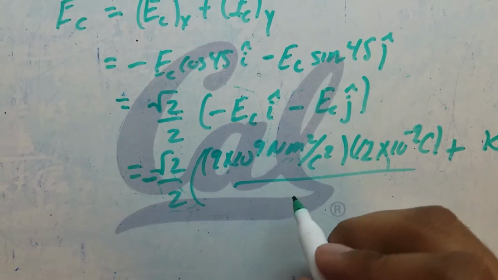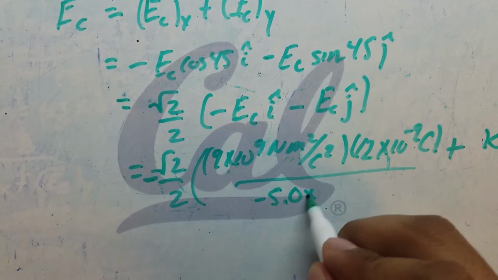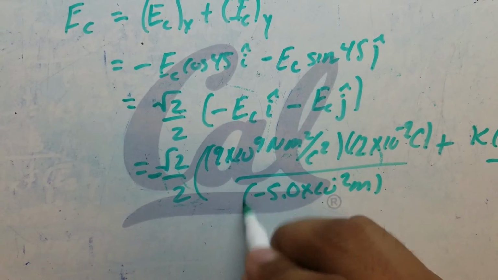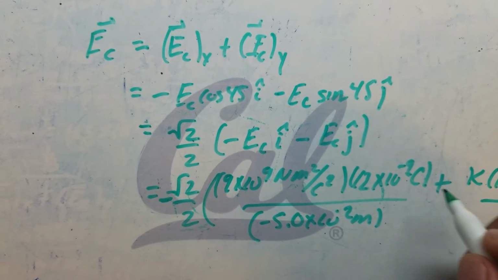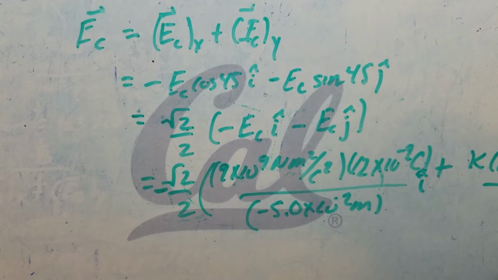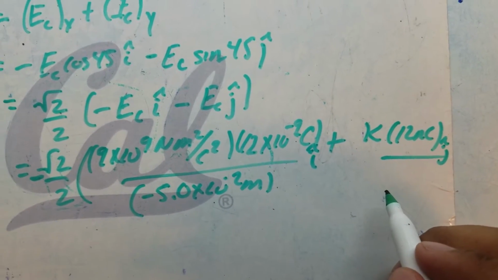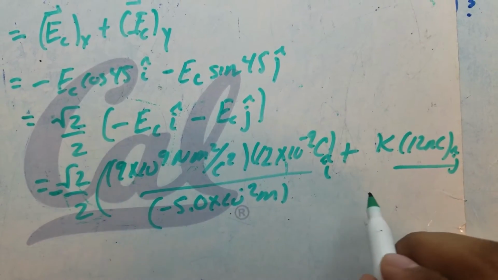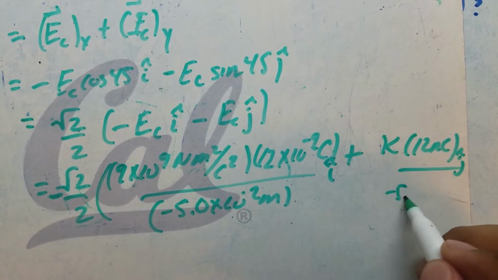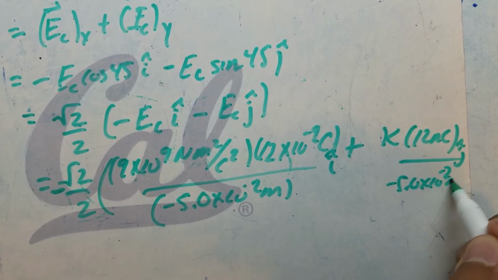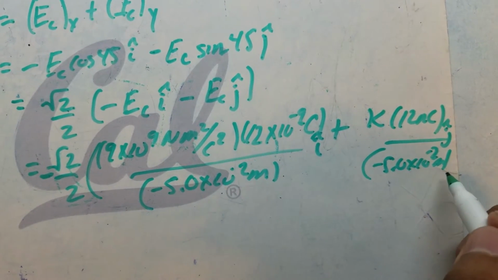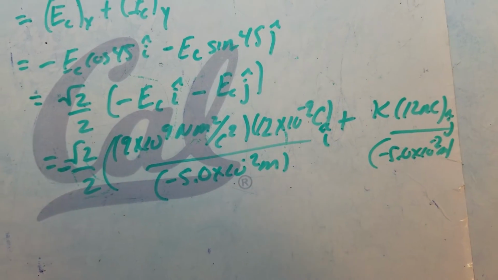In this case, we have negative 5 times 10 to the negative 2 meters, with the I direction here and the J direction here, and then negative 5.0 times 10 to the negative 2 meters.